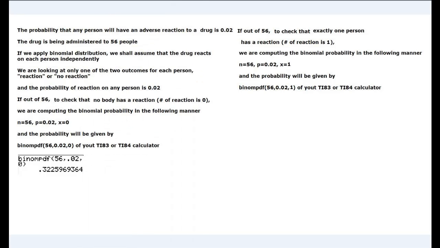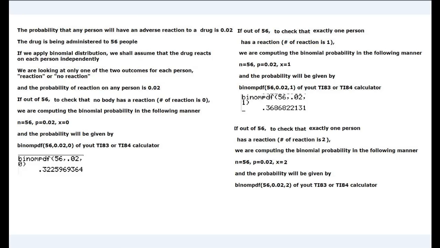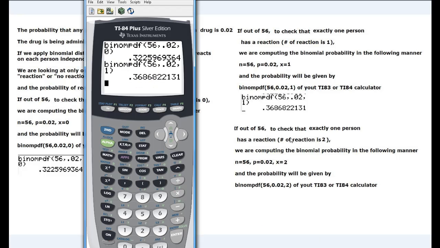Now we would like to find the probability that exactly two persons have a reaction. Here I have a typo. I'll change it, but let's keep it like this for a moment. We want to compute the probability that exactly two people have a reaction.